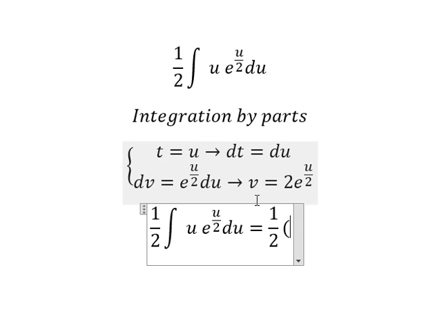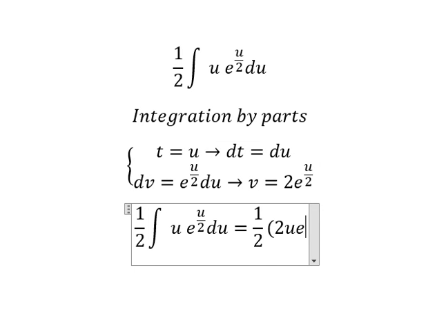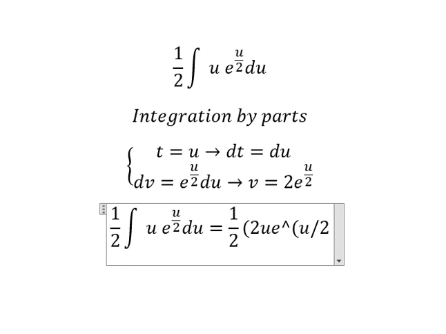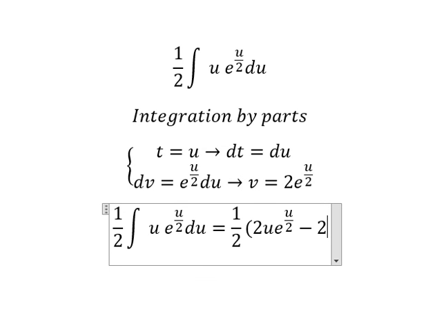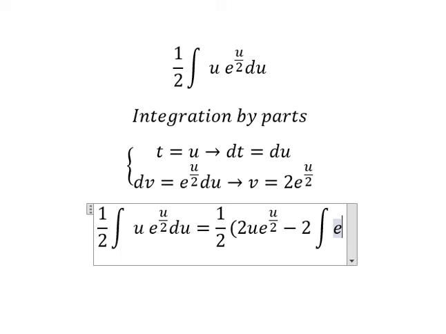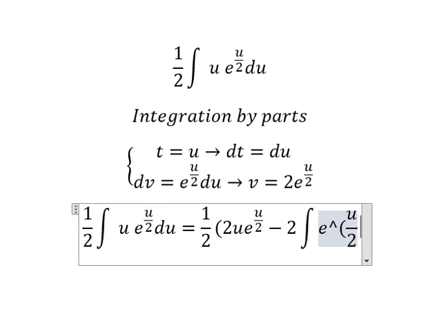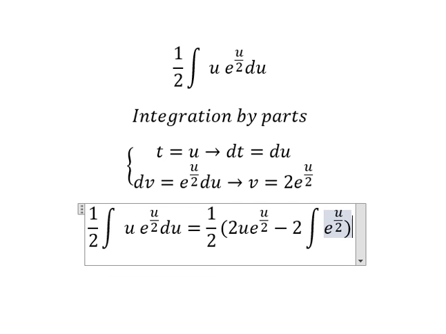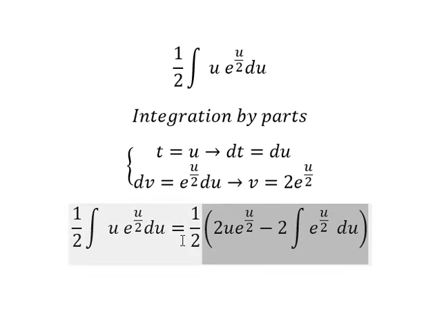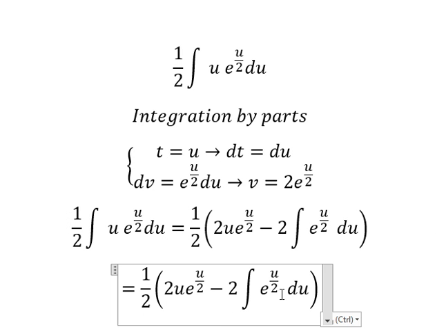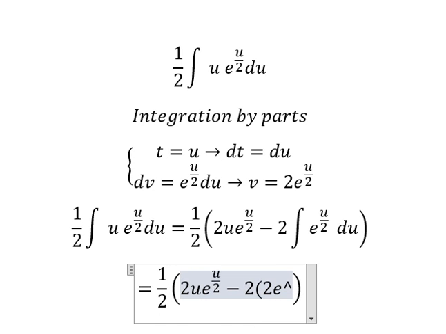So we have t multiplied by v. Minus, we have dt multiplied by v. And we have number 2, and we have the integration of e to the power of u over 2, and we have du in here. The integration of this one, we have number 2 e to the power of u over 2.